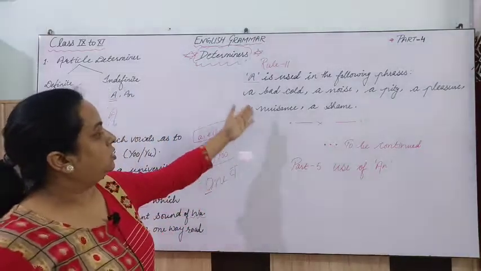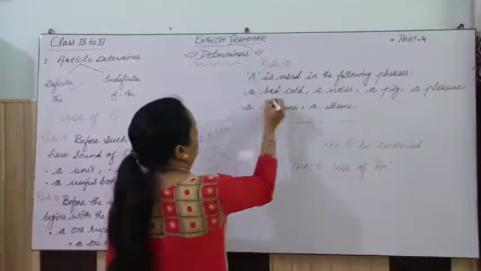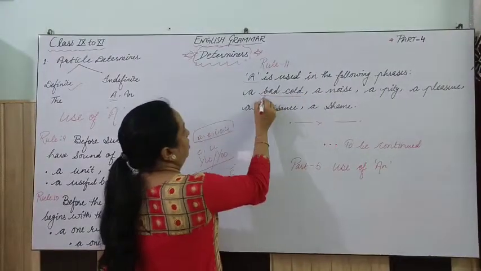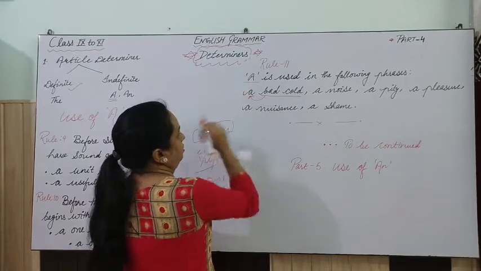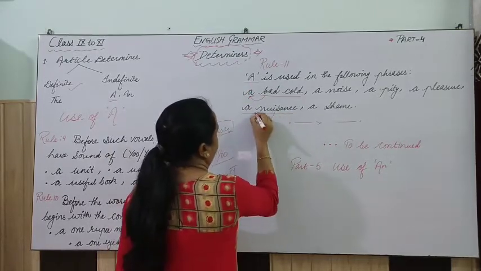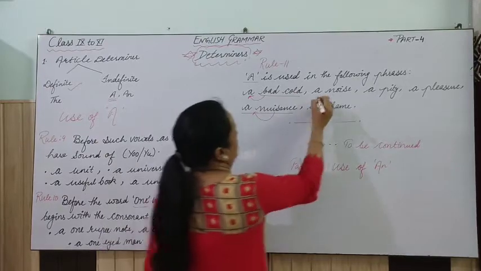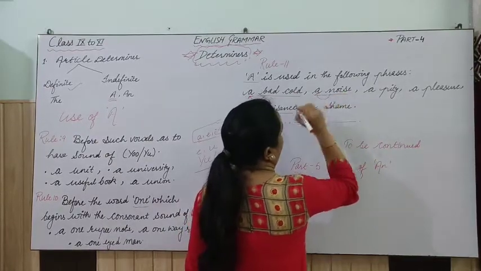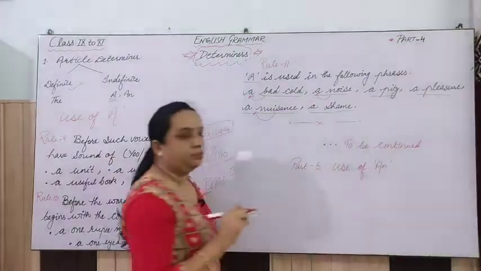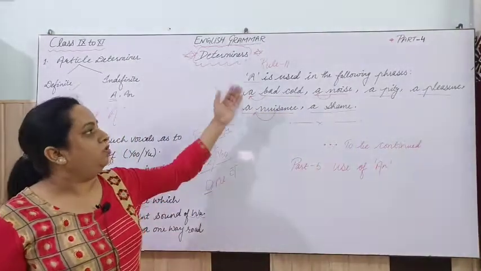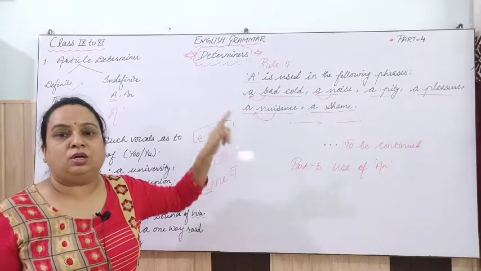So in such phrases also you have to use a: a bad cold, a nuisance, a noise, a pity, a pleasure, a shame. Okay, so always remember, with these phrases you have to use a.